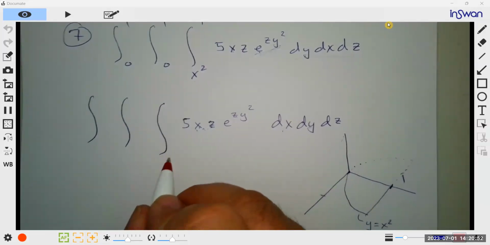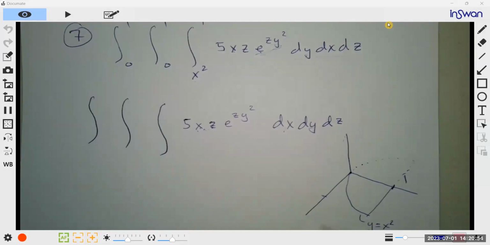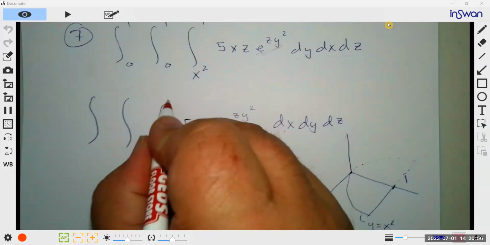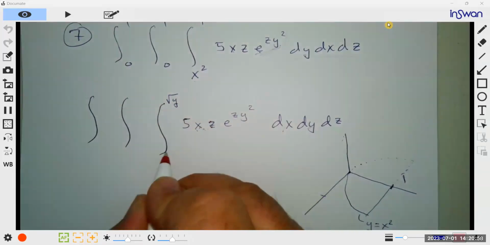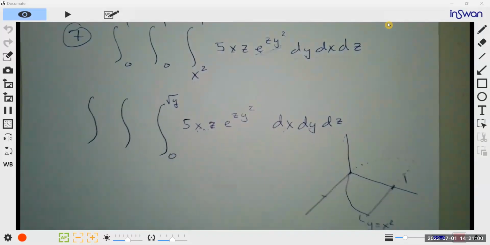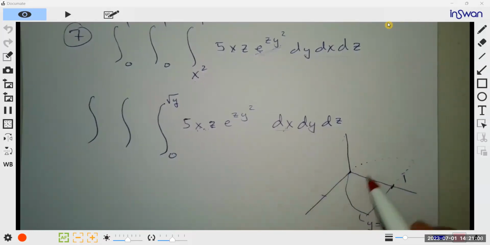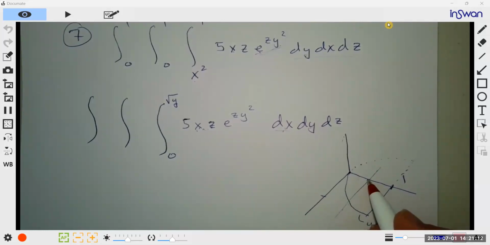Okay, so since that's up here, our x value goes from 0 to the square root of y. It has to be parallel to the x-axis, so with respect to x it starts at 0 and exits at x equals the square root of y.